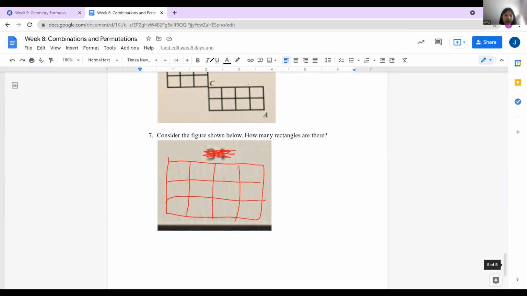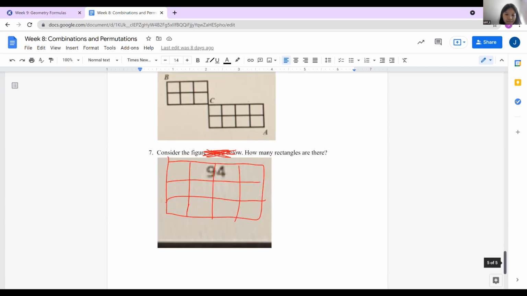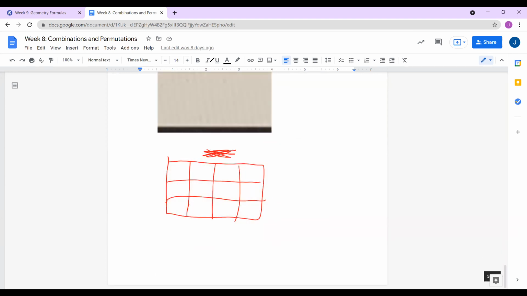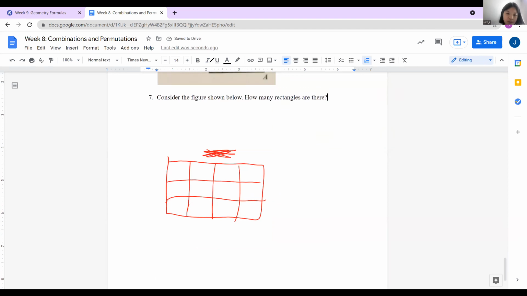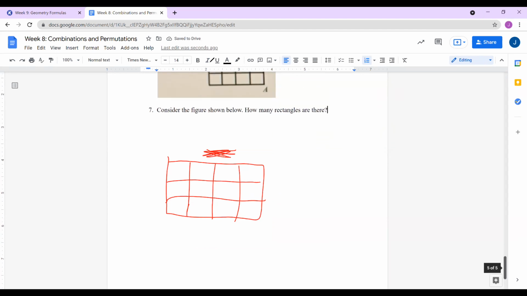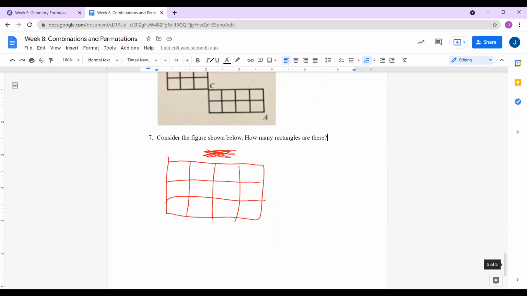I have a question: for the rectangles, they're like those little squares. Do the squares count as rectangles? Yes, the squares do count as rectangles. Oh. Is the answer 54? Or is it more?